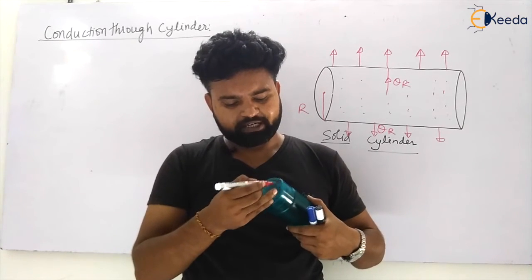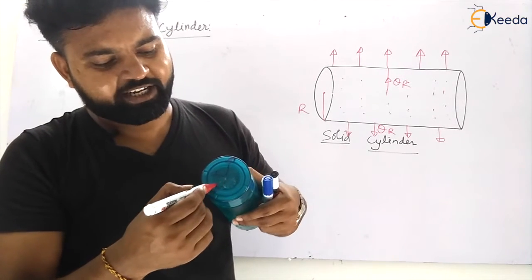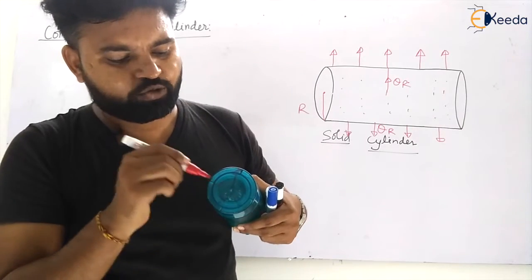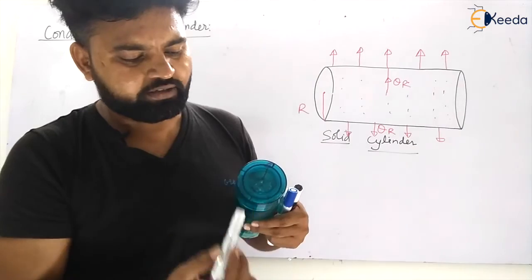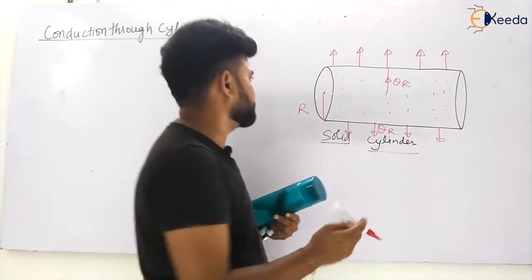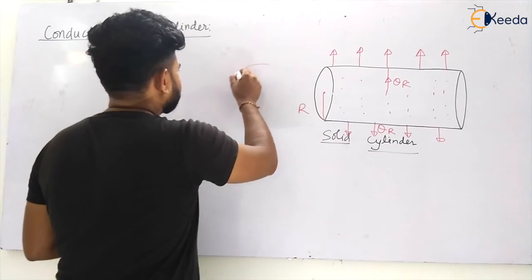So heat transfer will be occurring from the center to all directions radially, my dear students. So heat transfer is occurring through all directions, like this. This is going like this in each and every direction, radially.